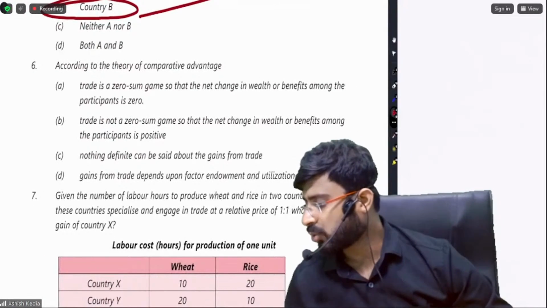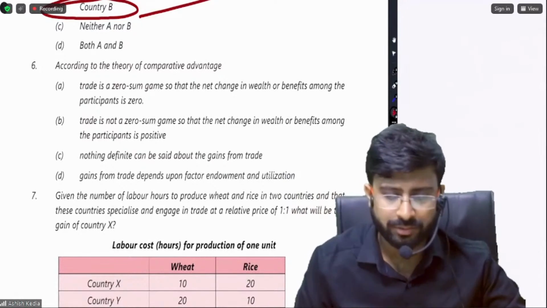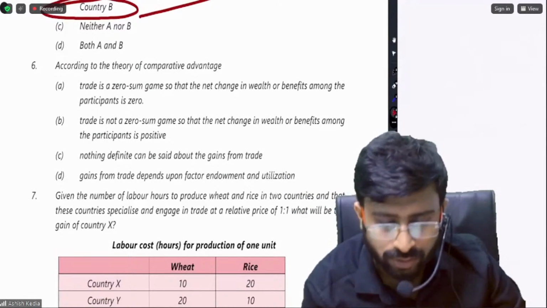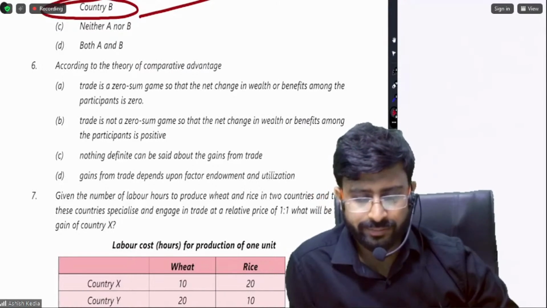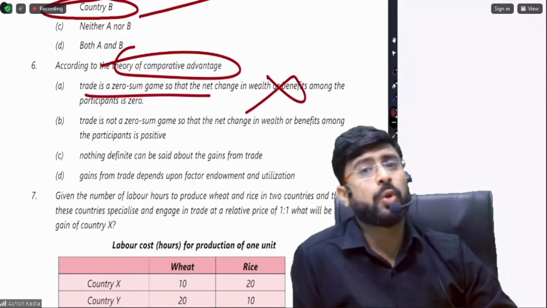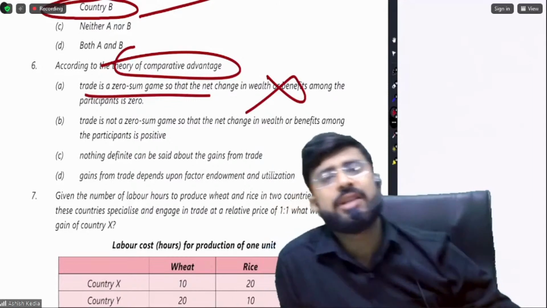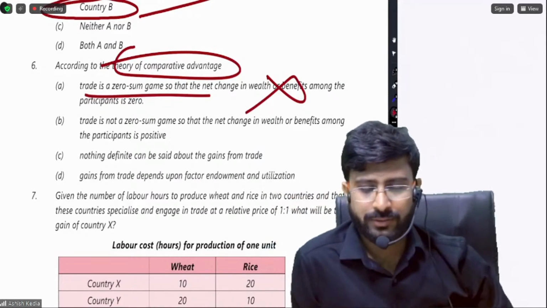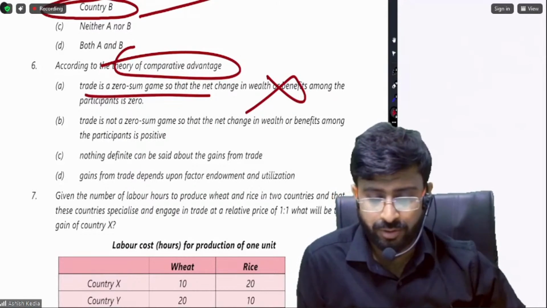Now let's see what the sixth question is. What are they demanding from us? According to the theory of comparative advantage, trade is a zero-sum game. This language is used by the mercantilist view. So zero-sum game is told by the mercantilist view.